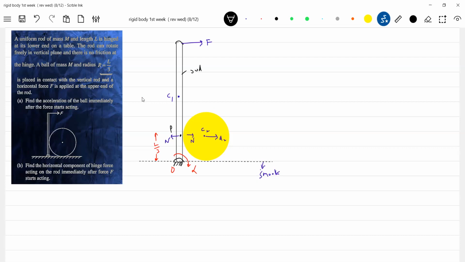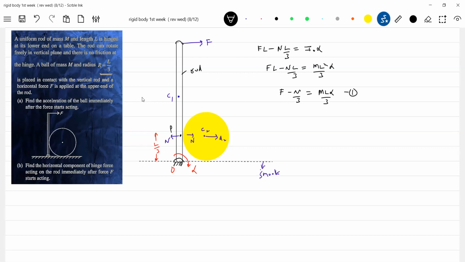Torque: F into L minus N into L by 3 should be equal to I alpha, that is F minus N by 3 ML alpha by 3. Call it equation 1.